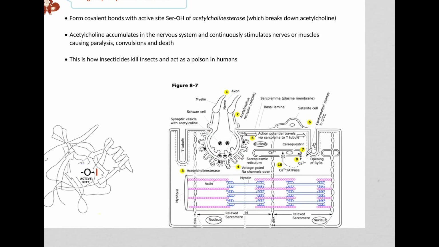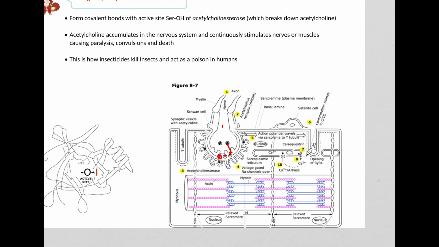When this neuron is stimulated, it will release a neurotransmitter called acetylcholine by a process called exocytosis, and this acetylcholine will bind the receptor for acetylcholine present on the muscle cell.